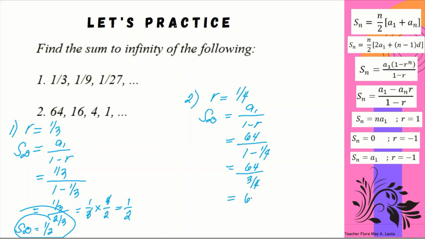Right? So 64 times the reciprocal of 3/4, which is 4/3. And that will be 64 times 4 is 256 divided by 3, or 85.33.